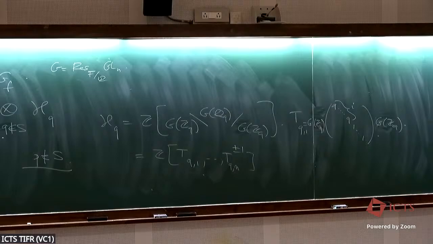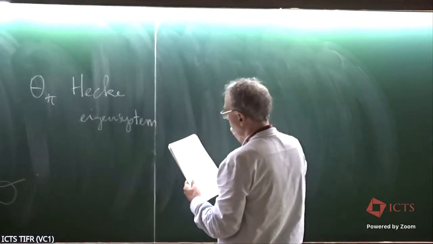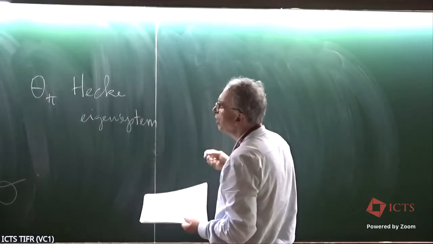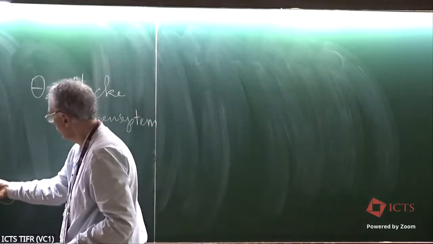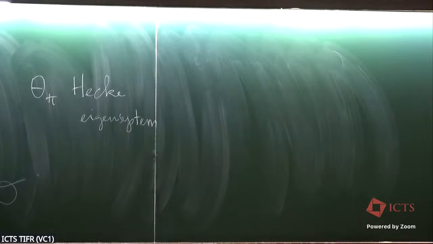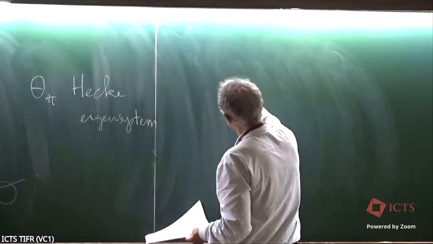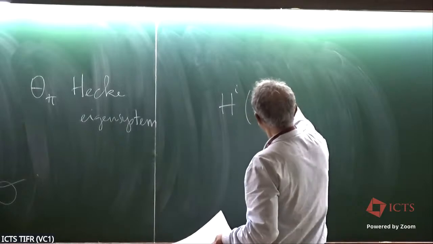So I explain how we modify the operators at p. Anyway, we will let the Hecke algebra act not only on this one-dimensional space, but on the cohomology. And on the cohomology, we will concentrate only on the bottom and top. So we will have this module.